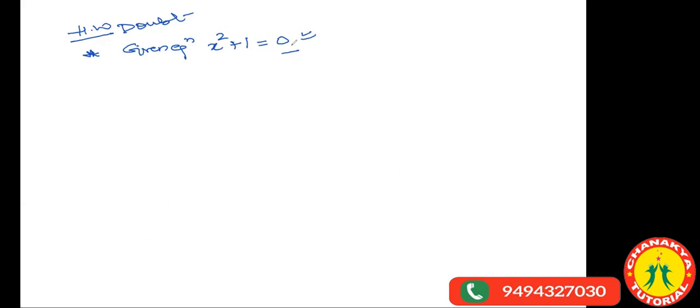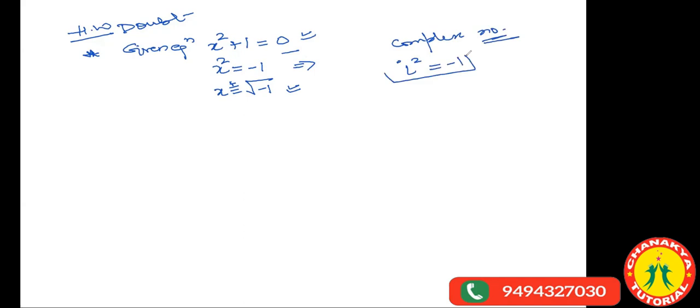Don't forget this thing. Now see children, x square will be equal to minus 1. That means it has imaginary values. Because when you are calculating value of x, it will be plus minus root of minus 1. Now in 11th class, you will study about complex numbers, where value of iota square is equal to minus 1.